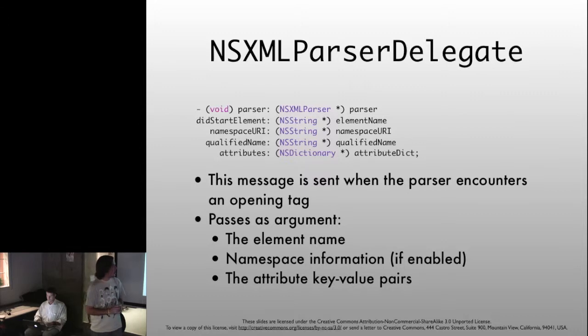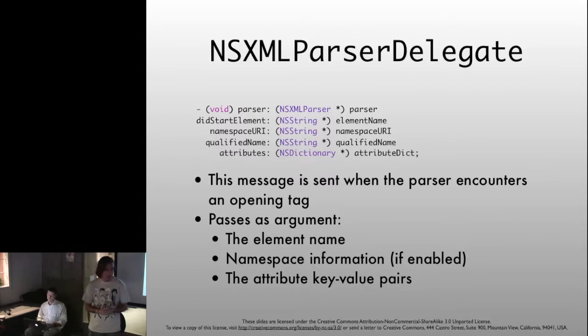When you receive a starting tag, there's parser didStartElement, namespaceURI, qualifiedName, and attributes. So obviously it takes in the element that we found. If we found an opening string tag, then it says that we have a string tag. I can never remember what namespace URIs are.